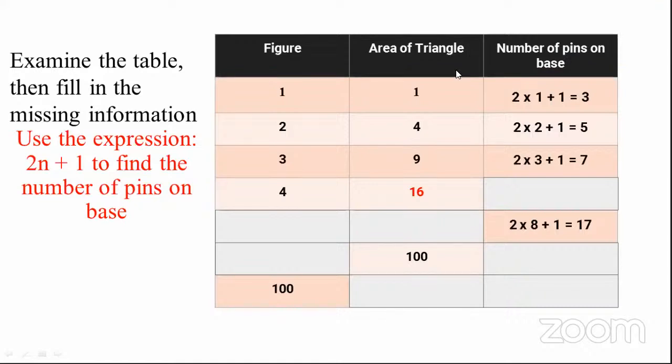Mr. Hilton, 16 was coming up fast and furious. Okay, great. So we know that for our area of triangle, it's just the figure number squared. So we have 4, so that's 4 squared, which is 16. So what's the number of pins on the base? What would the number of pins be for figure 4?